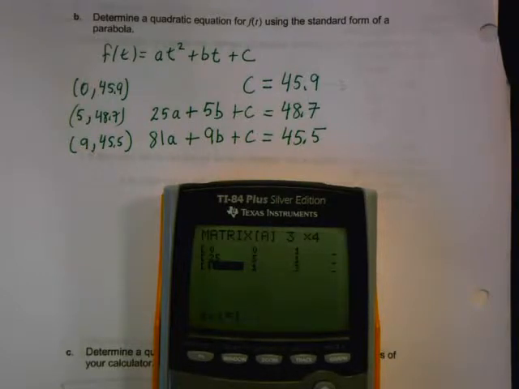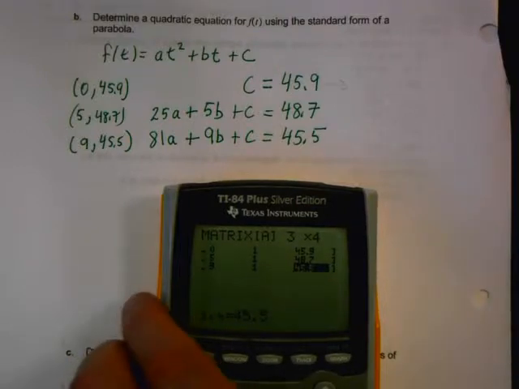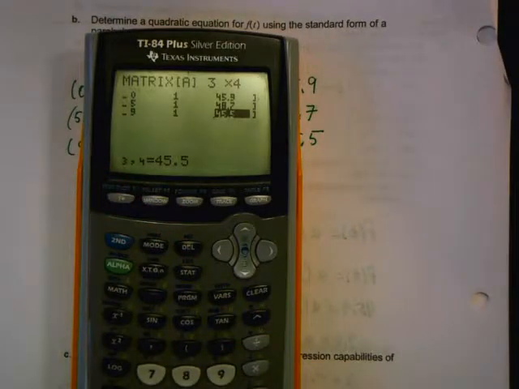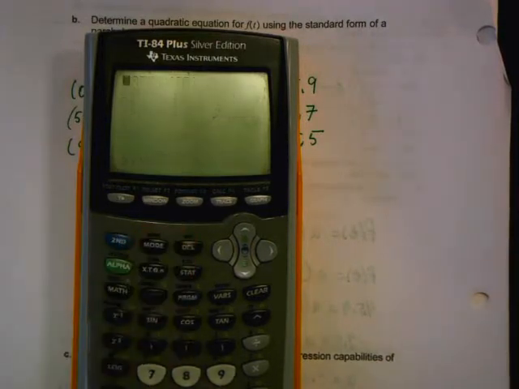And the third row, 81, 9, 1, 45.5. Once I have all that typed in, I quit out of that, I go back to the home screen.